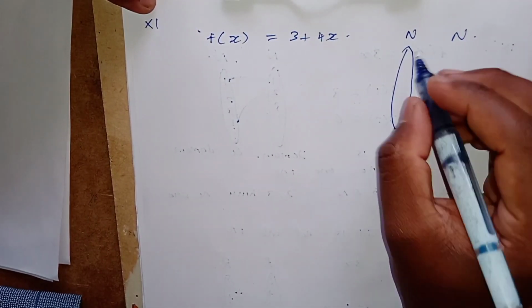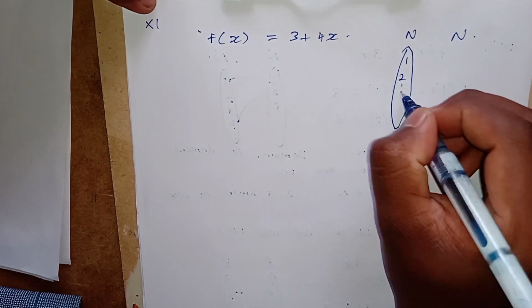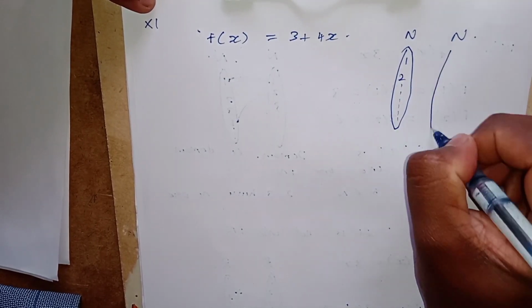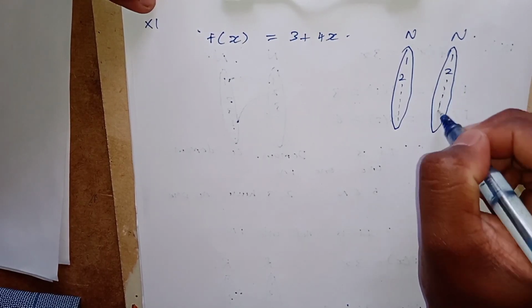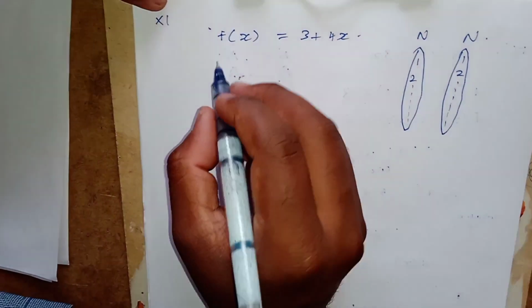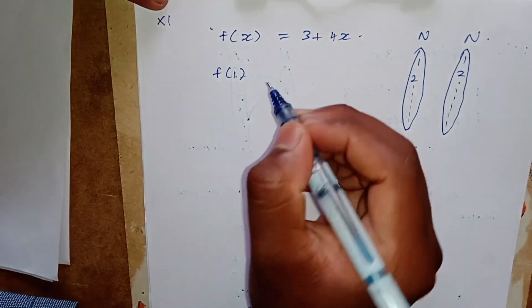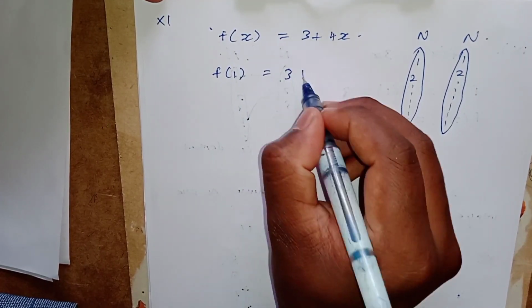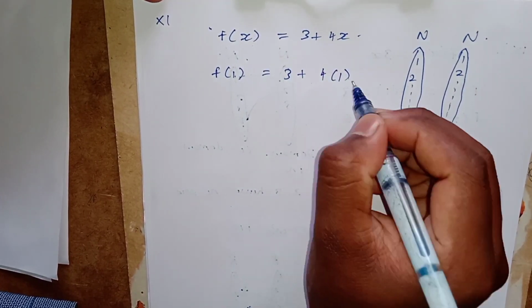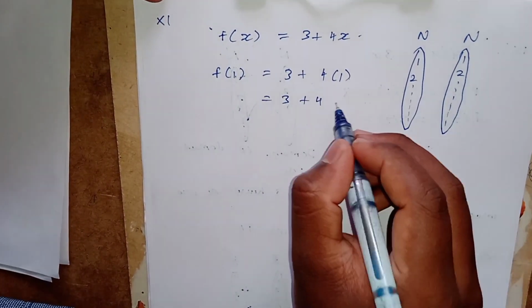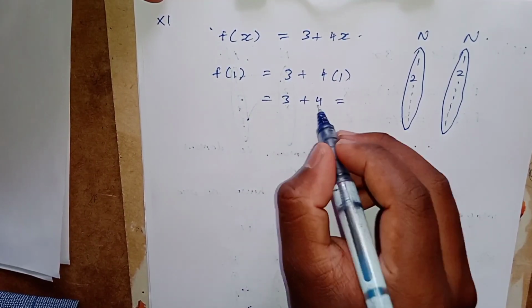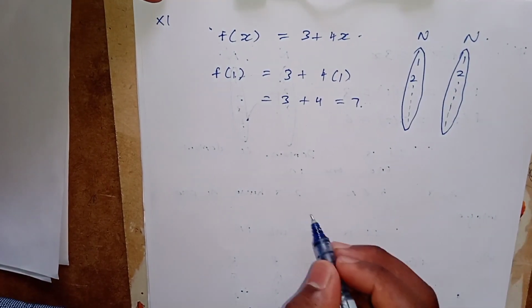Natural numbers always start from 1, 2 up to plus infinity. Here also the same terms 1, 2 up to plus infinity. I am taking f of 1. Here 3 plus 4 into 1. 4 ones are 4. Now you add 3 plus 4, you will get 7.